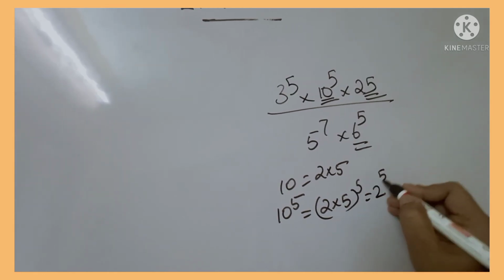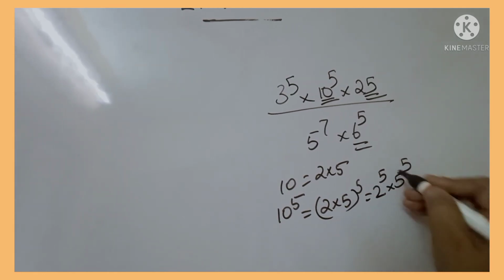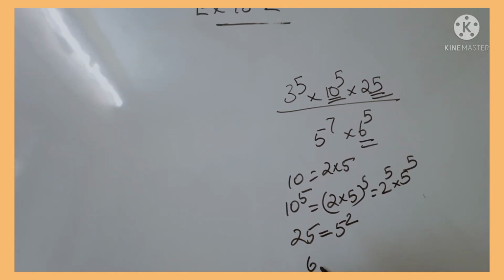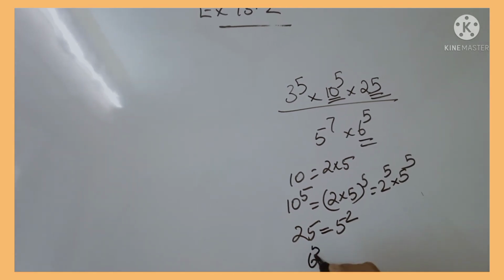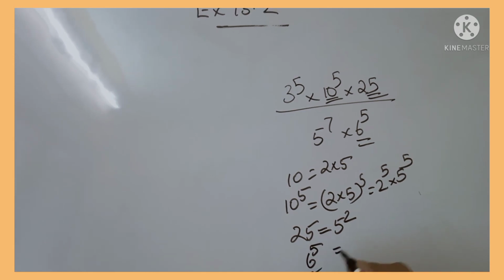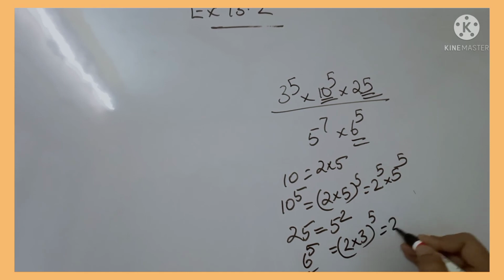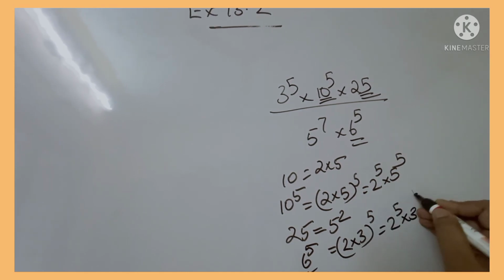So that is 2 raised to 5 into 5 raised to 5. Then we know that 25 is 5 square. Then 6 raised to 5. We know that 6 is 2 into 3, whole raised to 5. So 2 raised to 5 into 3 raised to 5.